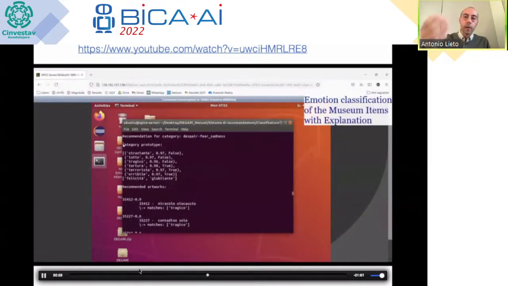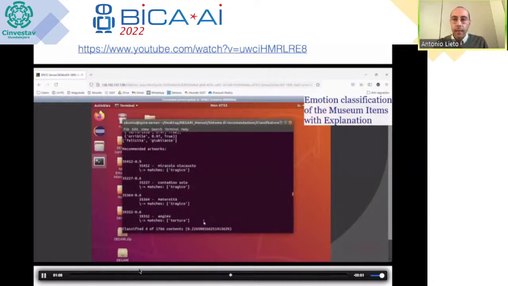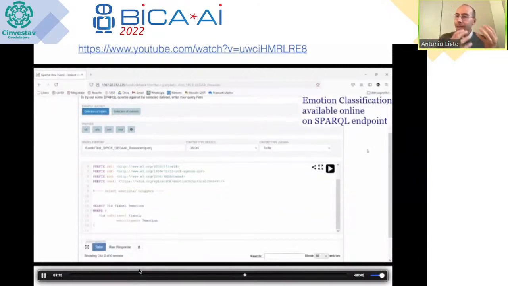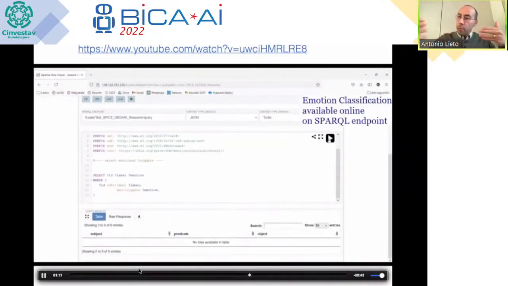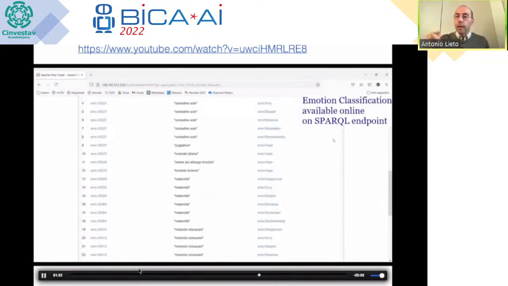We are able, as I already mentioned and as you can see here, to explain why a given item has been associated with a certain emotional label. And in addition, we can also recommend items evoking the same emotion, or opposite emotion, or similar emotion.